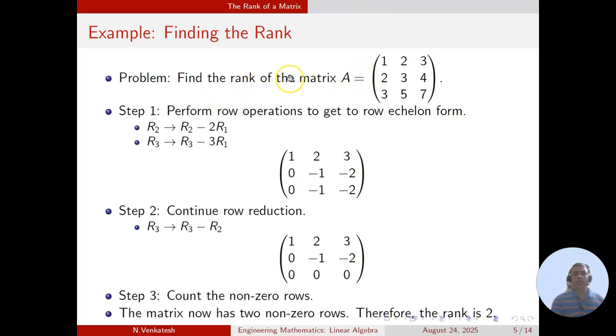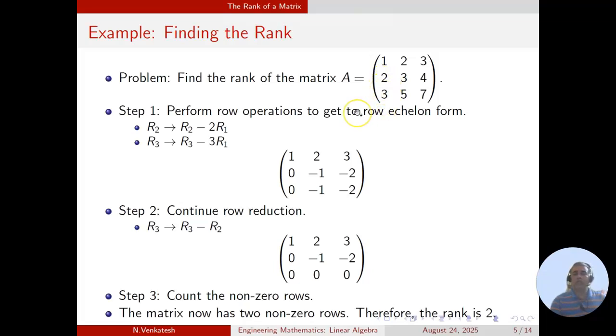Converting into a row echelon form means you consider the main diagonal elements, and all the elements which are below those main diagonal elements, you should make them 0. Now consider the first main diagonal element 1 and make the elements 2 and 3 0.